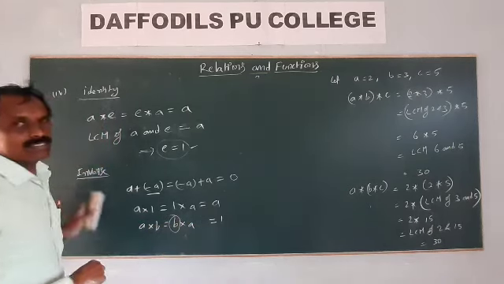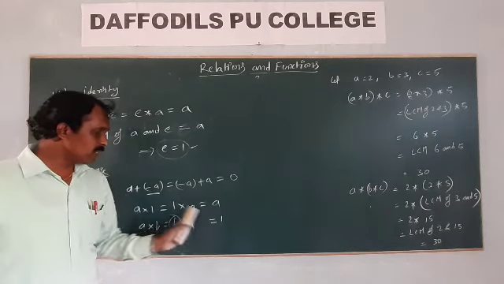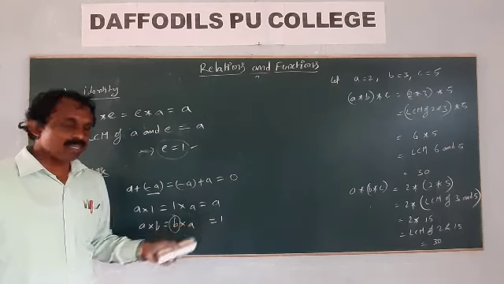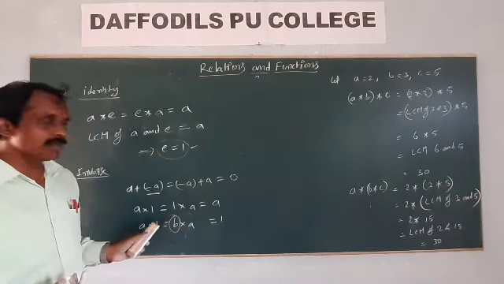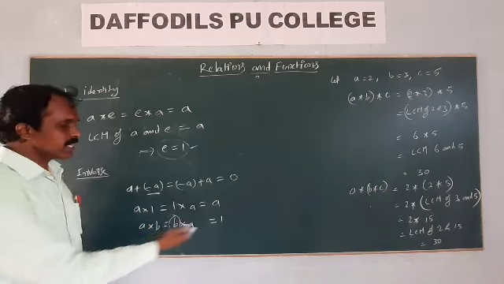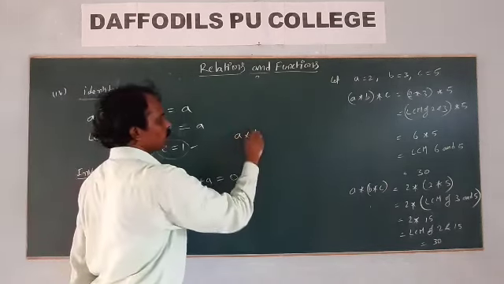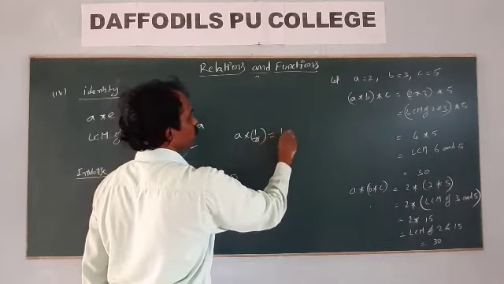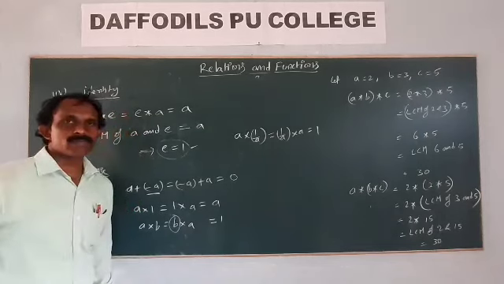For what value of B will you get the answer 1? 1 means identity. Then that is called the inverse of A. That is 1 by A. A into 1 by A is equal to 1 by A into A is equal to 1.